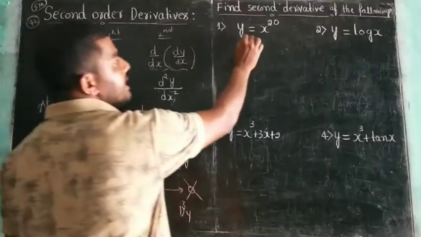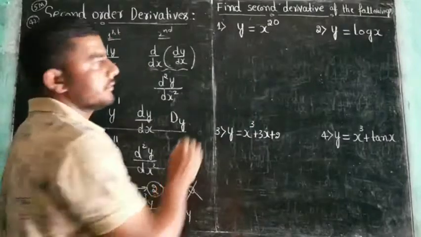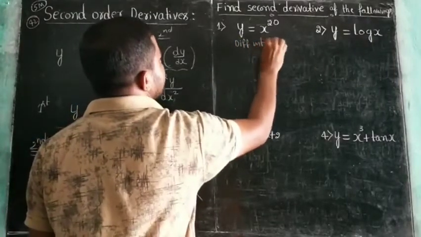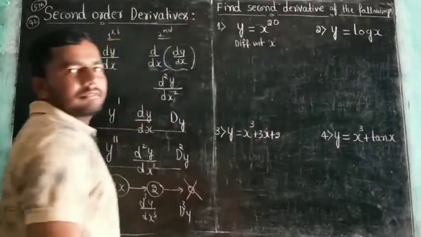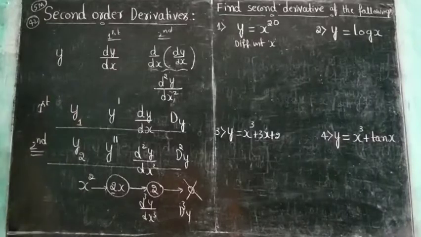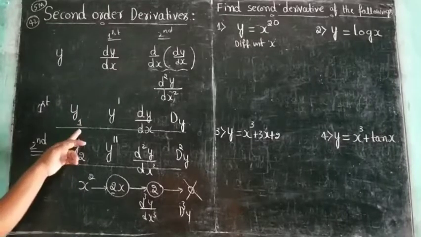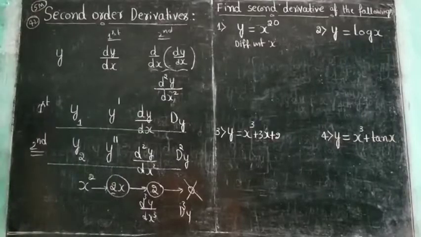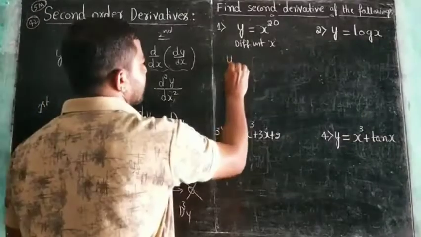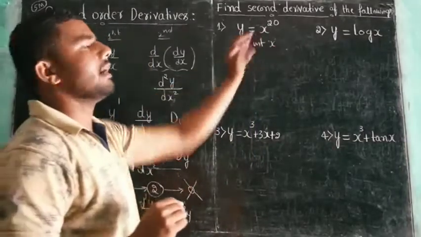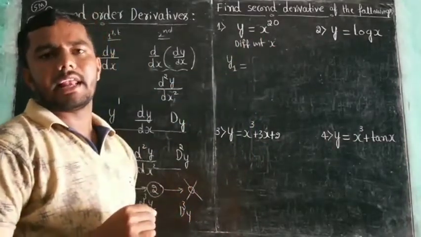They have given y is equal to x power 20. First differentiate with respect to x. The first derivative is denoted by y1 or y dash or dy by dx, anything it may be. I am writing y1. y1 is equal to, it is of the form x power n.